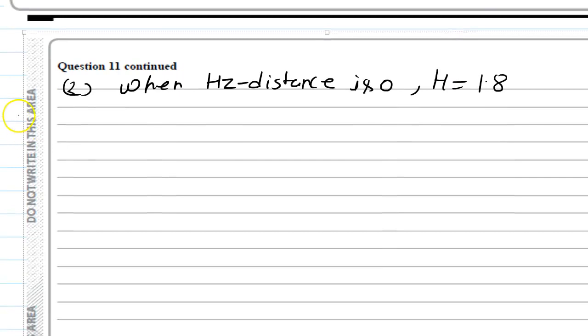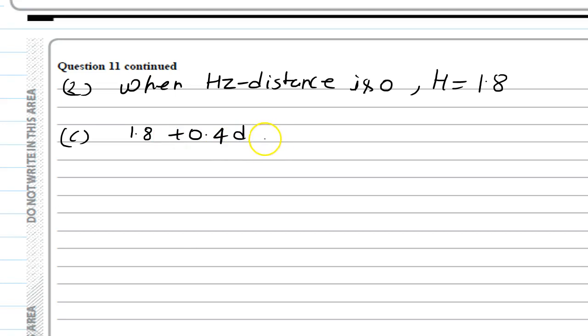So the C part is, let me do it this way. So it is 1.8 plus 0.4d minus 0.002d square. What we can do is change it into fractions because there are too many decimals.